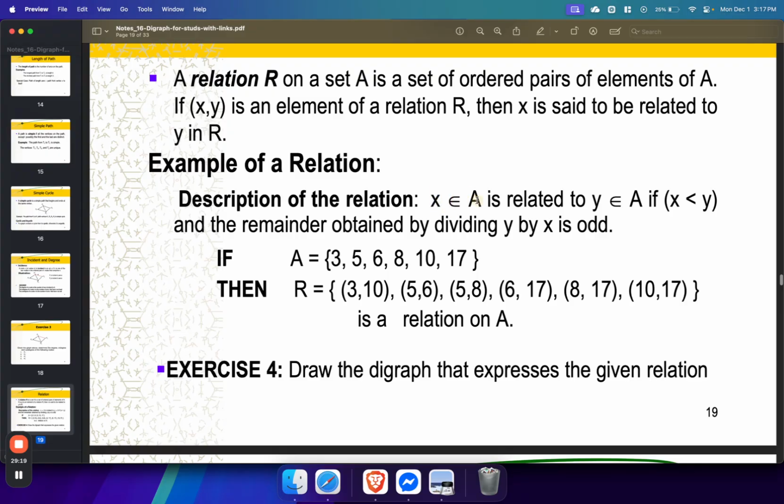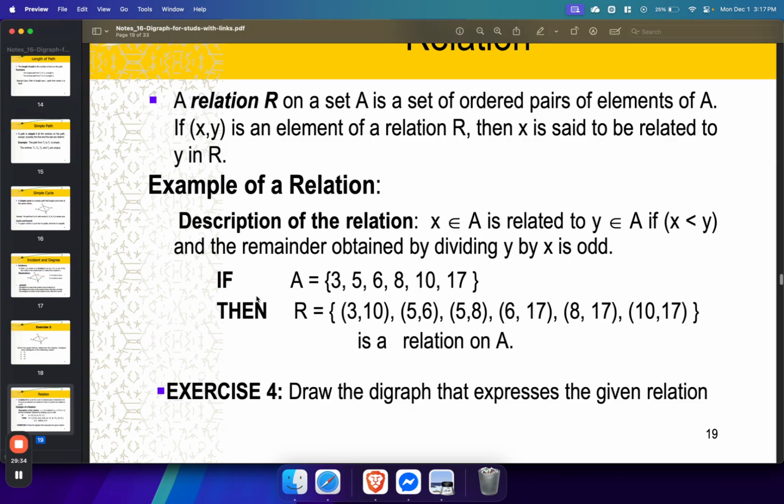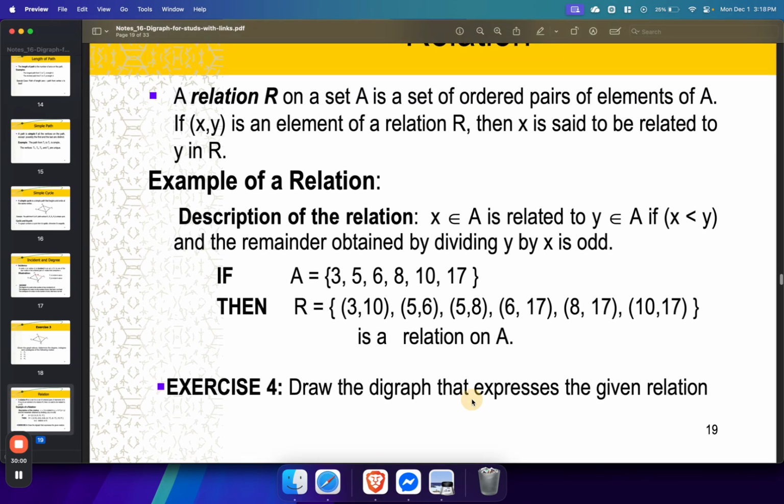If X in A is related to Y which also exists in A, and the remainder obtained by dividing Y by X is odd, then that just means if A, which is the set, contains 3, 5, 6, 8, 10, and 17, then the ordered pairs (3, 10), (5, 6), (5, 8), (6, 17), (8, 17), (10, 17) is a relation on A, such that x is less than y. Draw the digraph that expresses the given relation.